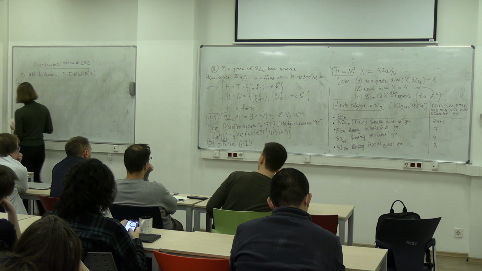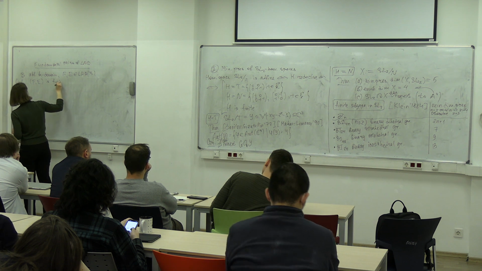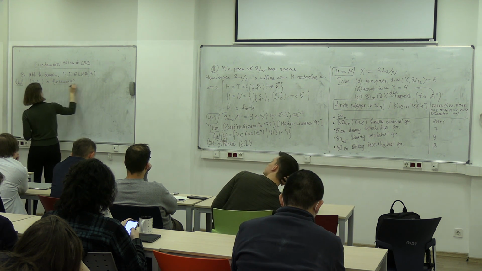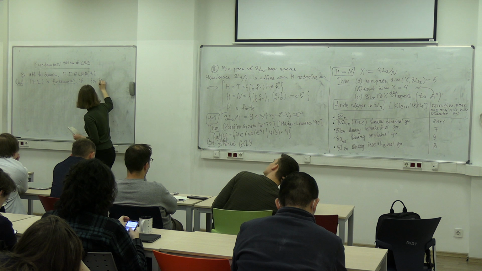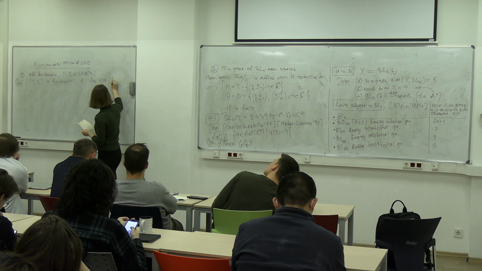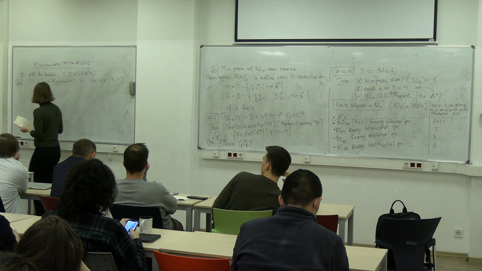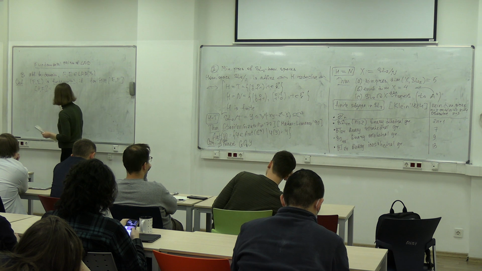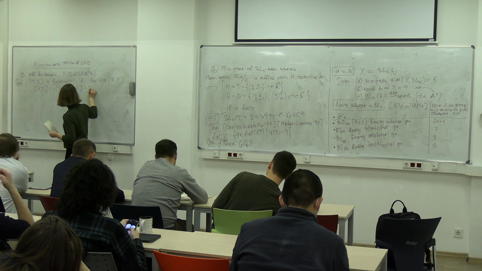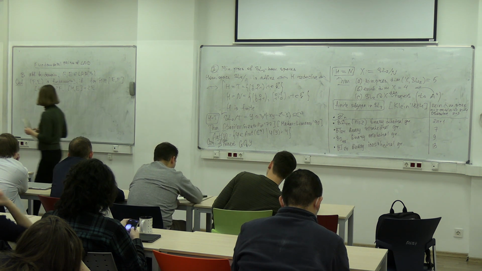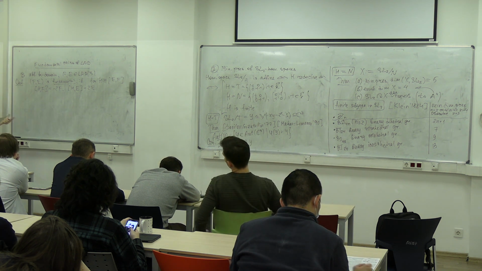We say that the pair f and e is fundamental if, for h equal to the commutator of e and f, we have the following: the commutator of h and f is minus 2f, and the commutator of h and e is 2e, right? These are relations that give a standard SL2 triple.